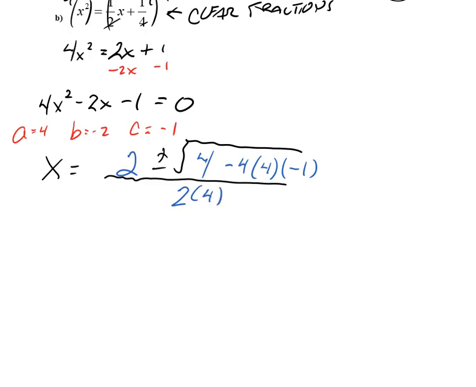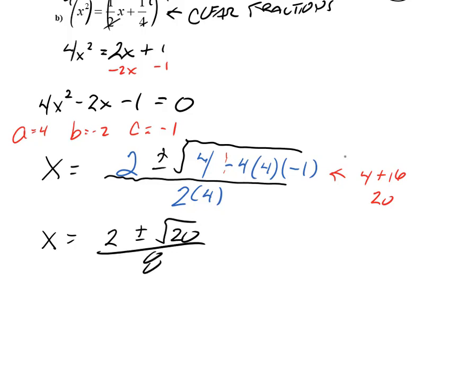So again, we'll start simplifying inside the square root first. So we have a 4, and then the second term, negative 4 times negative 1 times 4, is a positive 16. So this would reduce to 20. So our formula would be 2 plus or minus the square root of 20, and that's all over 8.